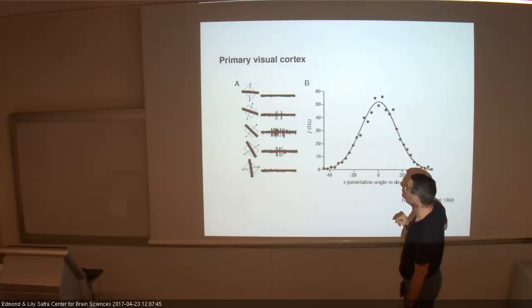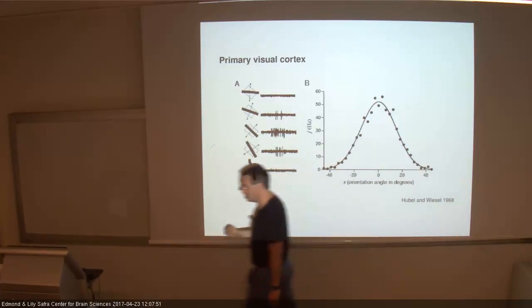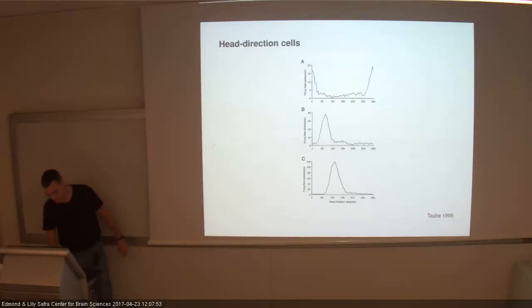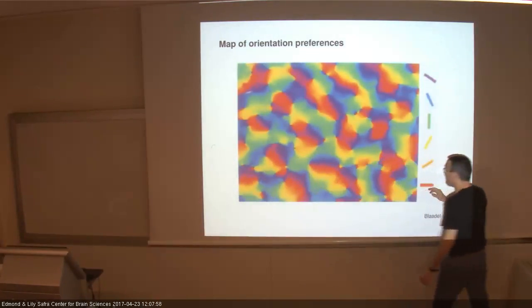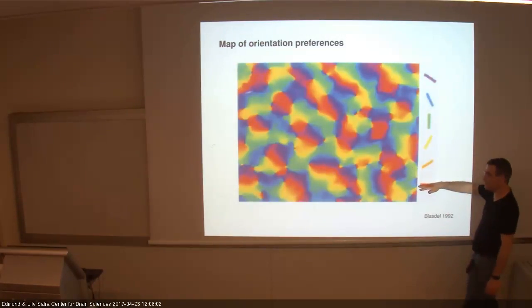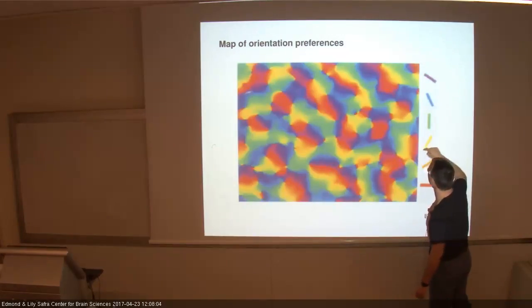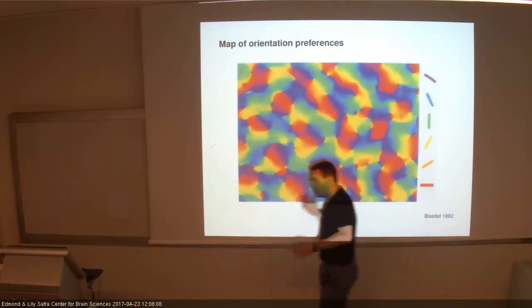I don't know what 0 is in this plot, but let's say that the maximum of this function for these neurons is at this orientation, whereas the maximum of the function in this region is at this orientation.